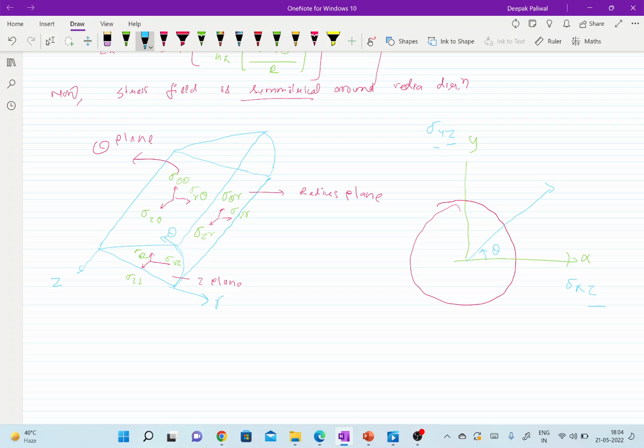This is the radius direction, and it has a stress component on the z plane in the r direction, and tangent along the theta direction, sigma z theta. Now I want to take the components of this sigma xz. I can write sigma xz here also and sigma yz here also.